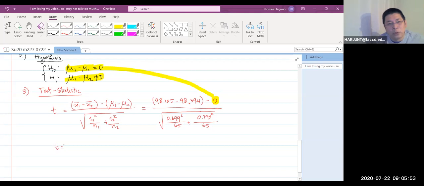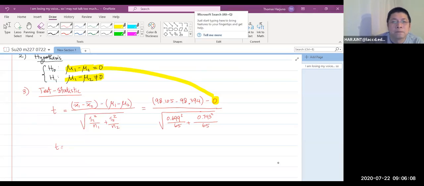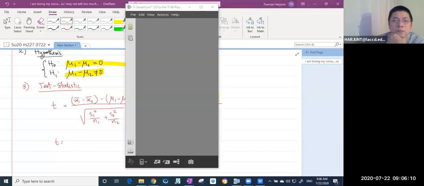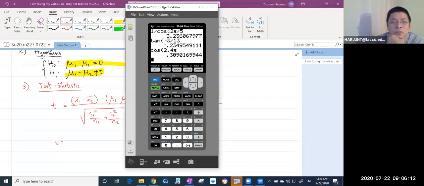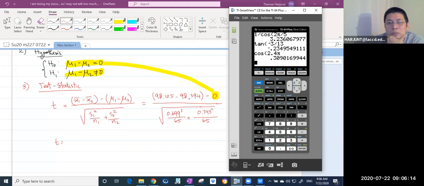Then when we compute, let me show you how to use the calculator. It gets more complicated here. So I will do the top one, subtraction.